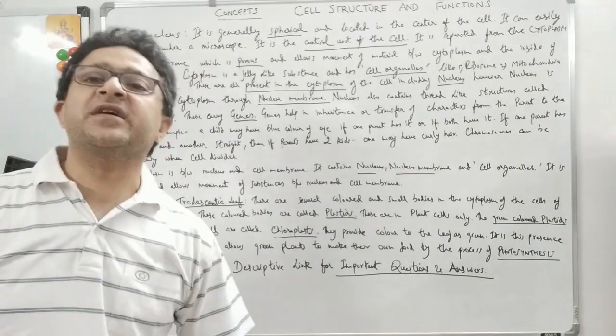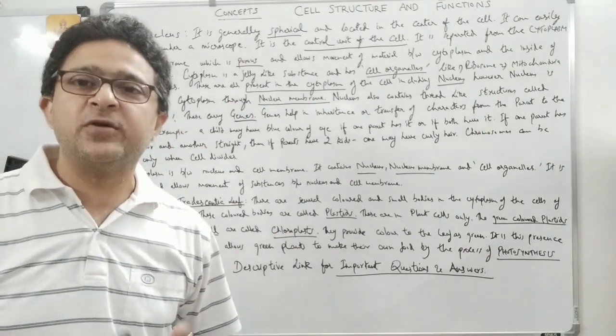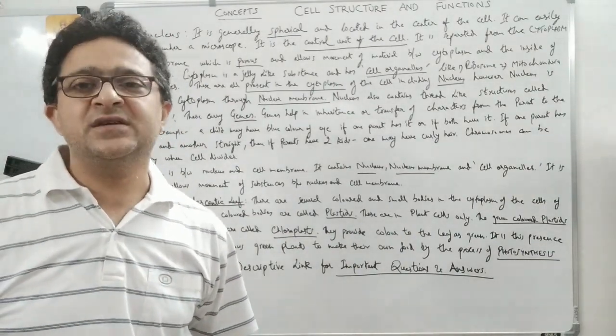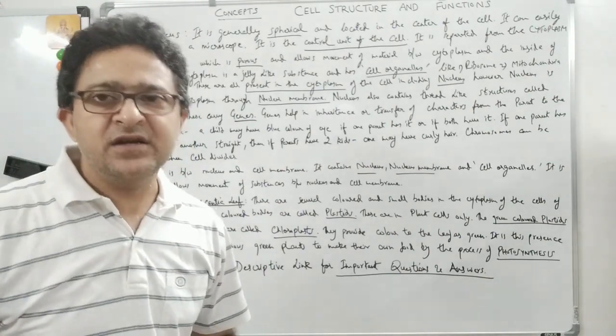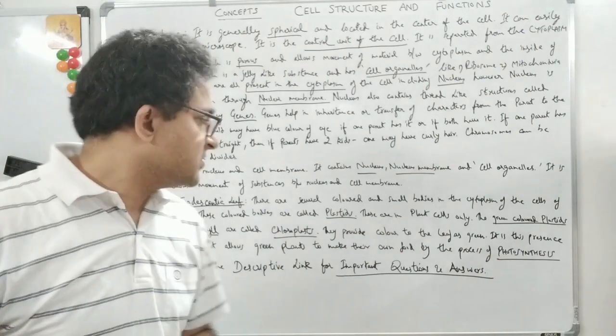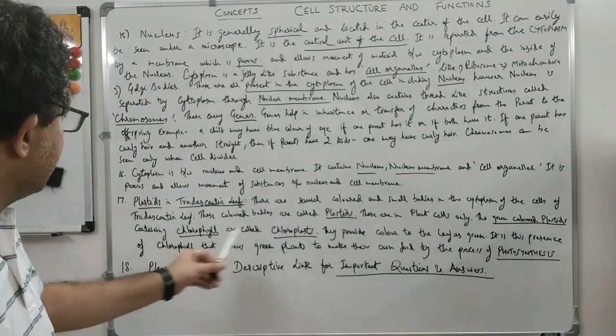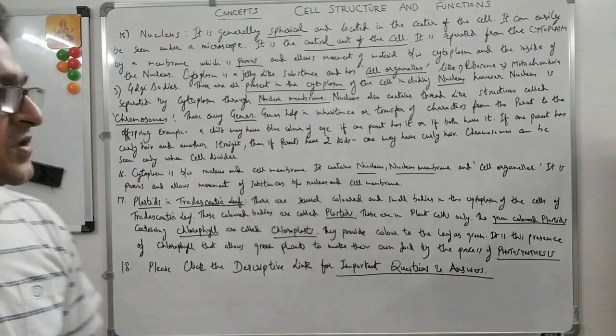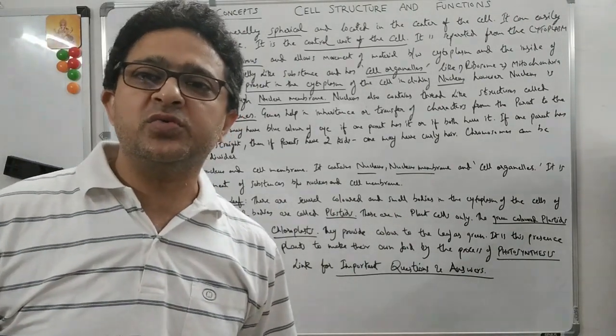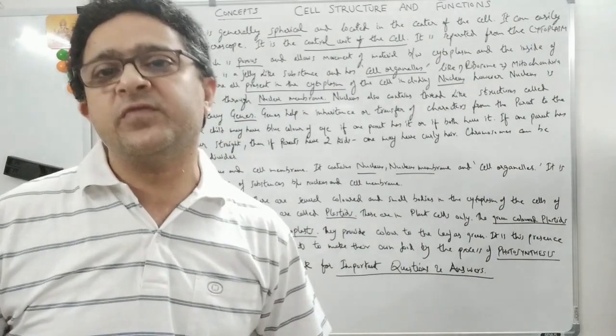What are chloroplasts? The green colored plastids which contain chlorophyll are called chloroplasts. So any leaf which has green colored plastids has chloroplasts. Chloroplasts contain chlorophyll, and chlorophyll is what is required for green plants to make their own food.